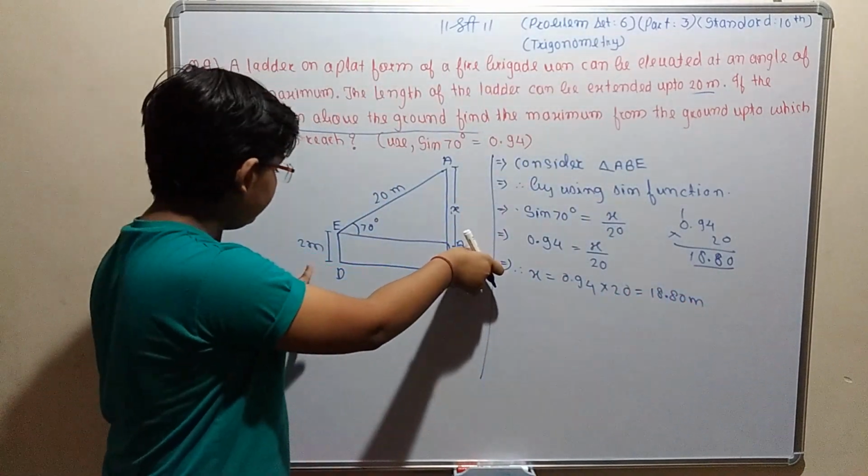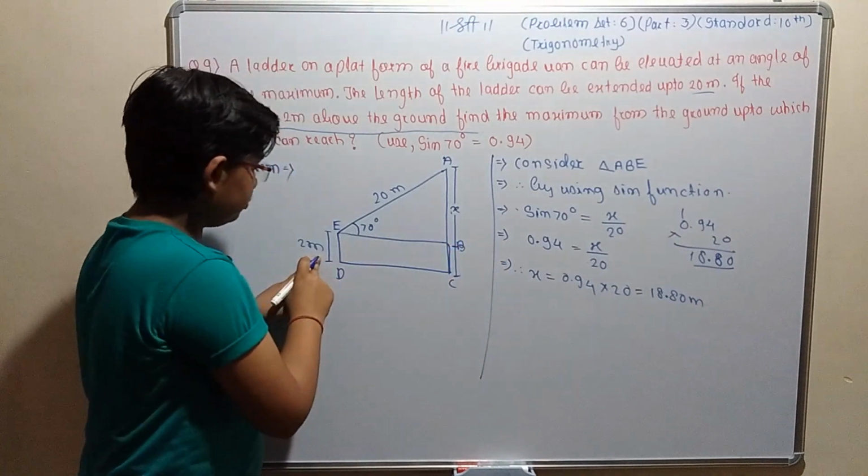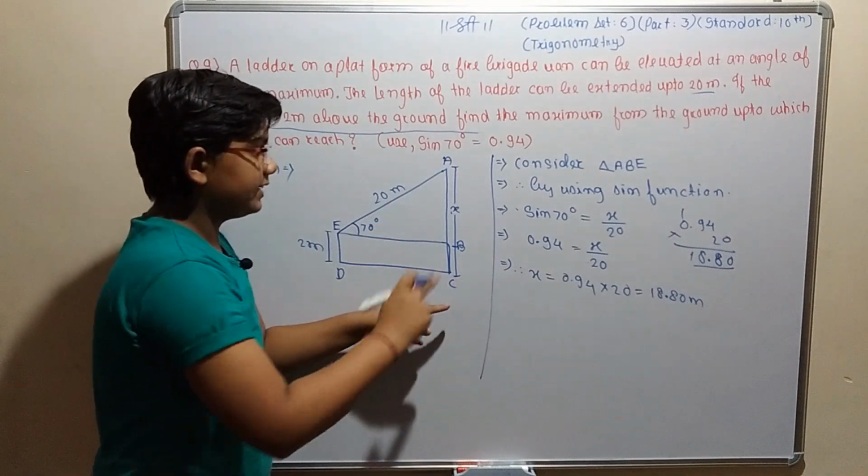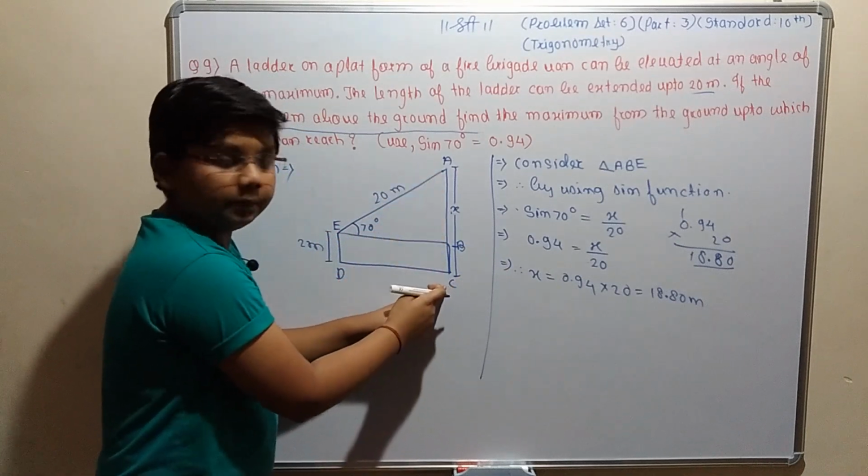Given platform is of 2 meter, as we can see over here. This is the 2 meter platform. This is the maximum height, which is AC. So what we can say is that the maximum height from the ladder to the ground equals 18.80 meter, which is x, plus BC, that is equal to 2 meter. What is 18.80 plus 2? That is equal to 20.80.